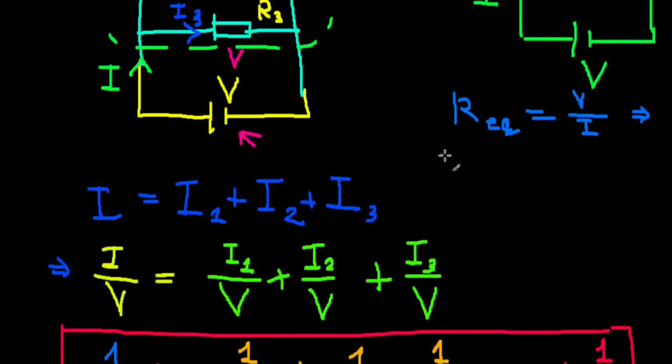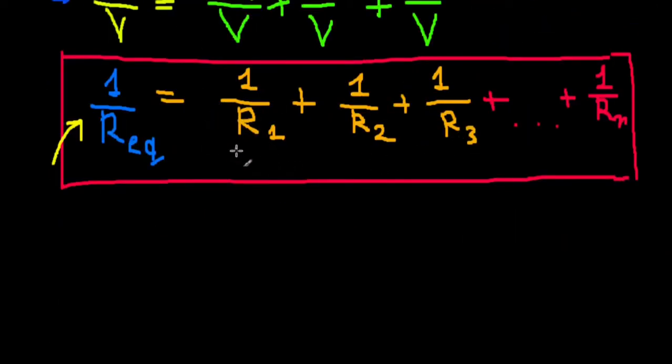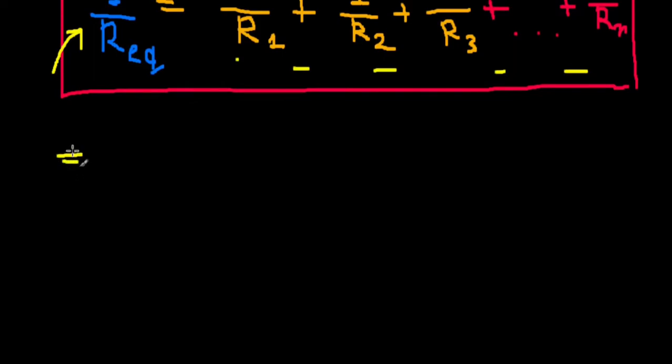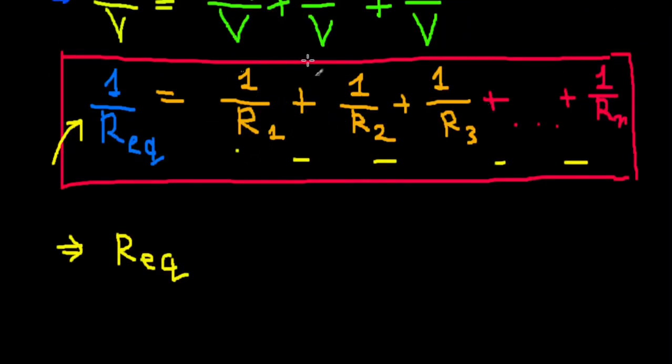If we want to find the equivalent resistance, after finding a numerical value for the right side, we definitely shouldn't forget to take the reciprocal. Suppose we got 5 as the value on the right side.